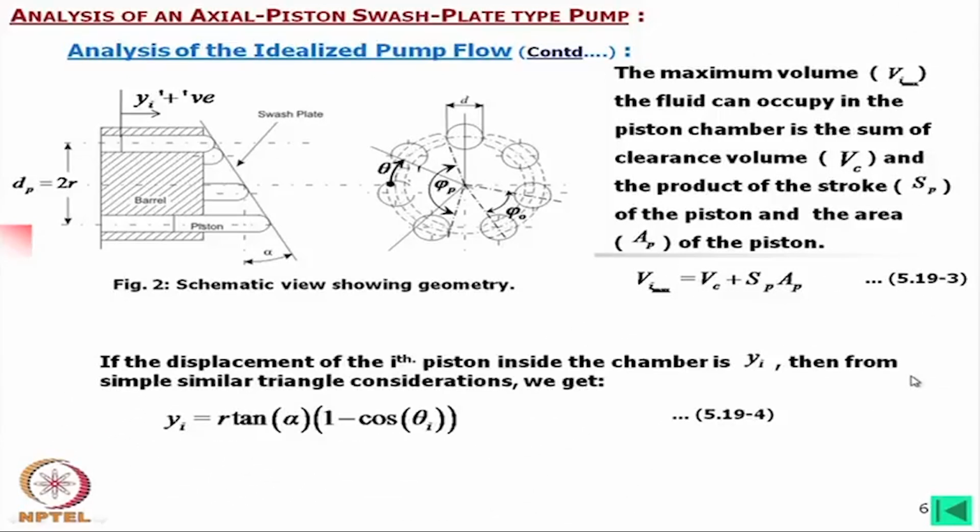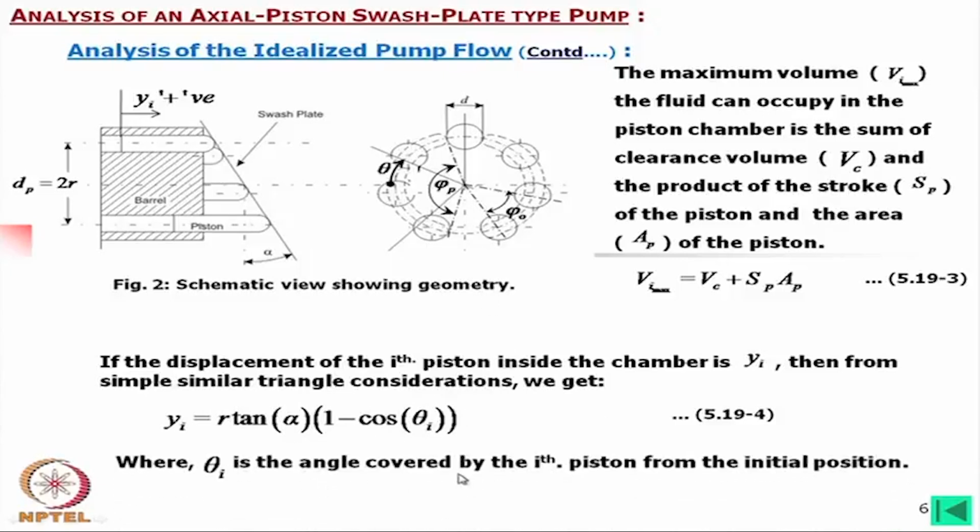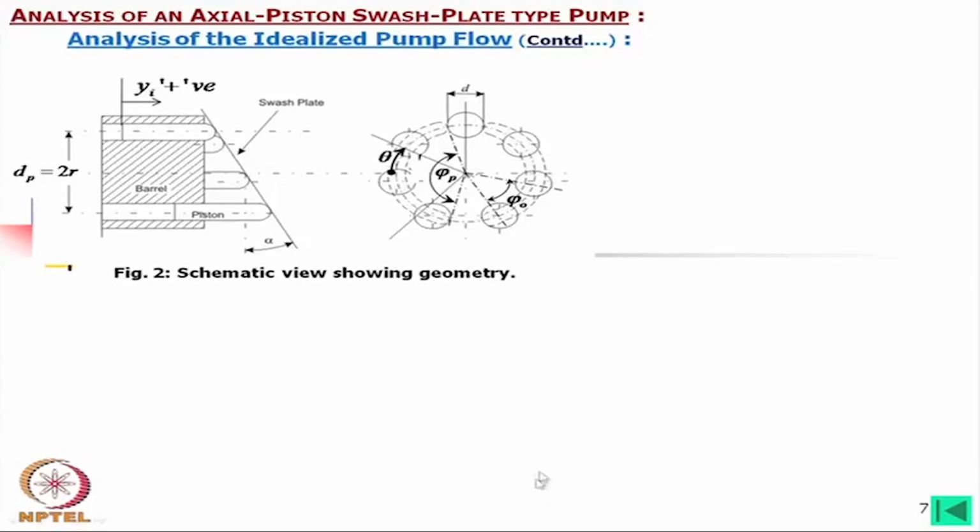If the displacement of the ith piston inside the chamber is yi, then from similar triangle considerations we get yi is equal to r tan alpha into 1 minus cos theta i. Now, this theta i is the angle covered by the ith piston from the initial position.